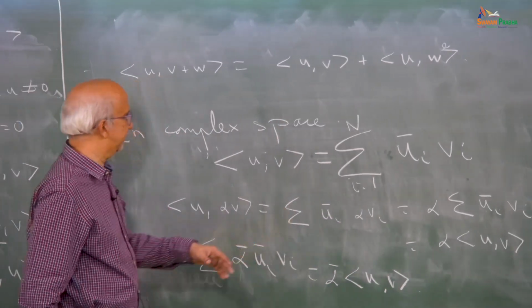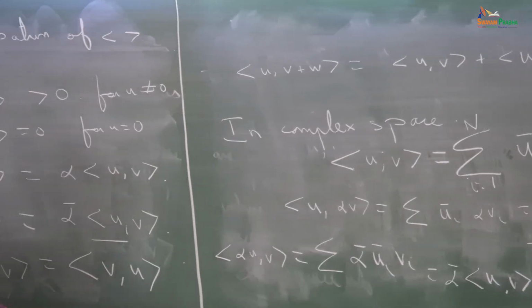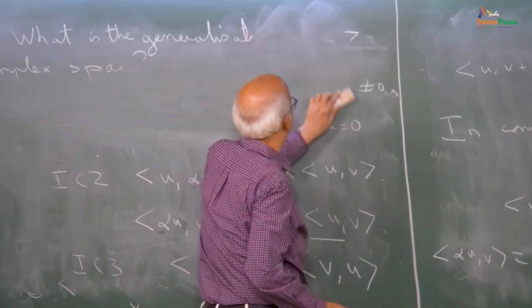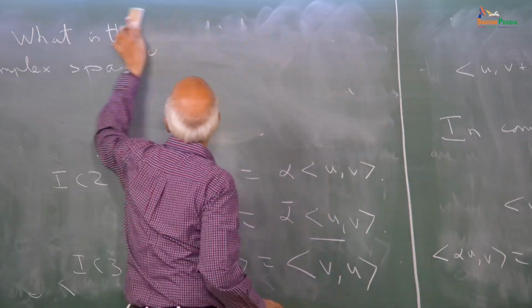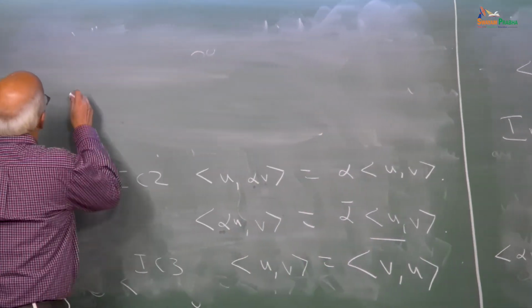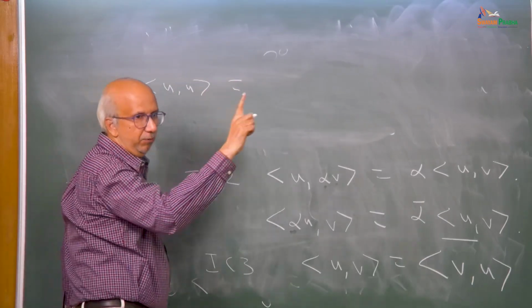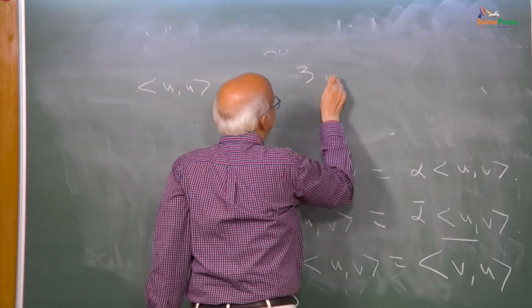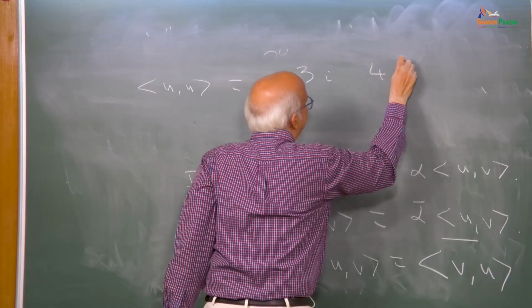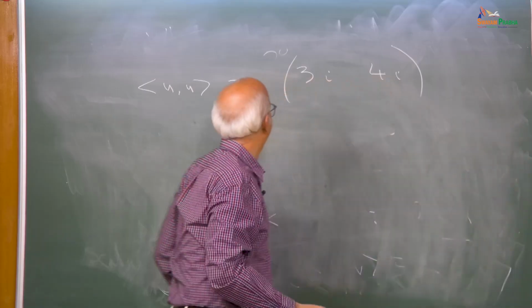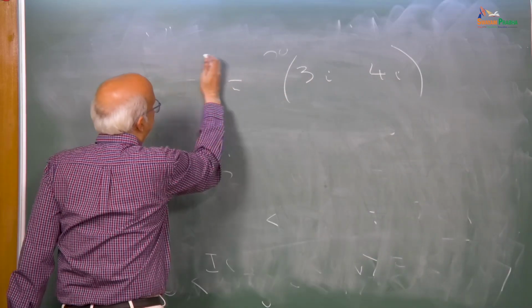Okay, you can sit down and do this, but I want to make sure that the first axiom is satisfied, because that was where the problem was coming. So what is the inner product of u with u? Let us go back to that other example. What was it? 3i and 4i. So now this is u.